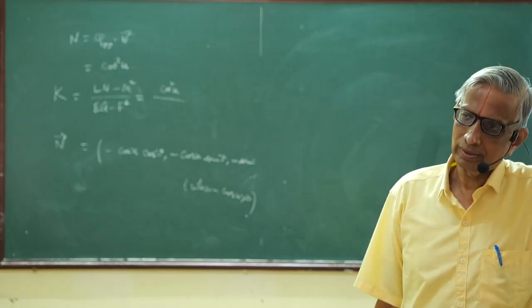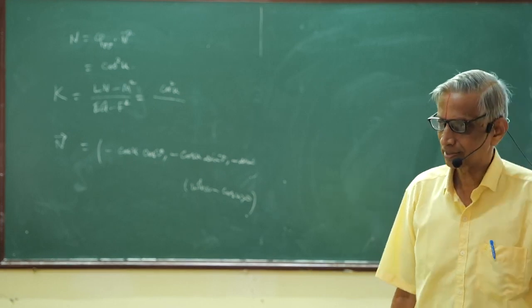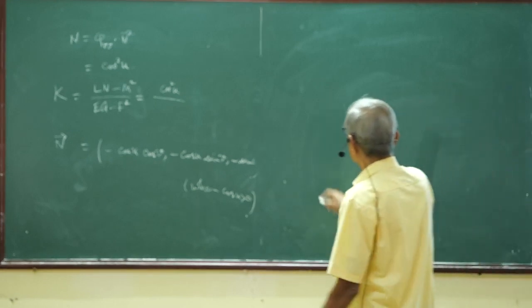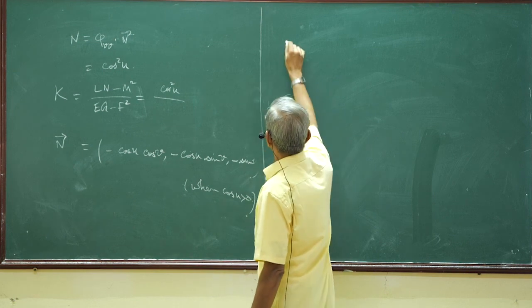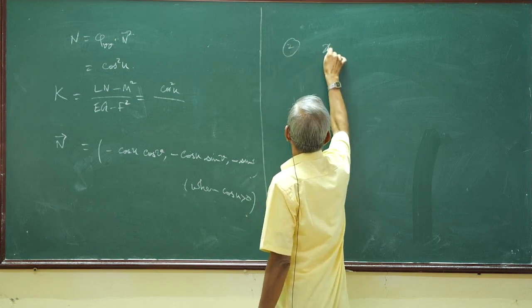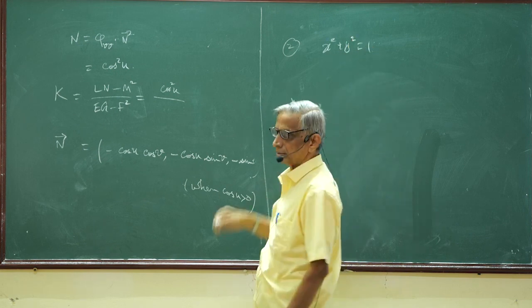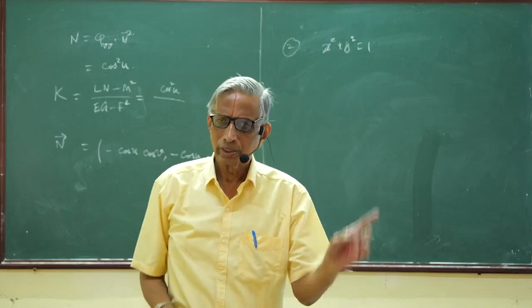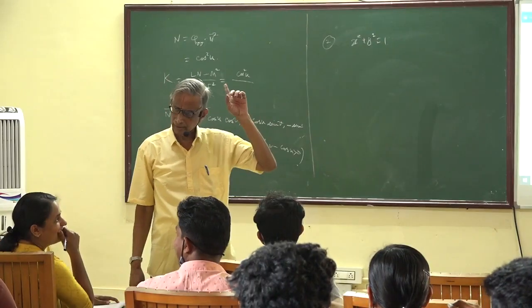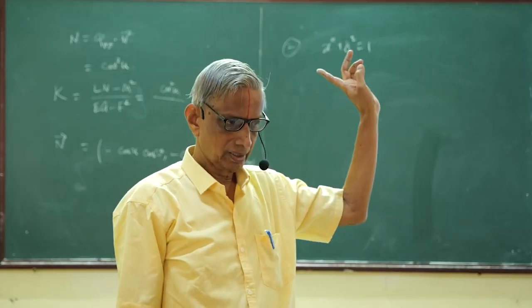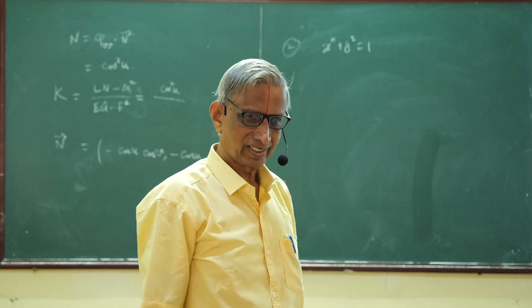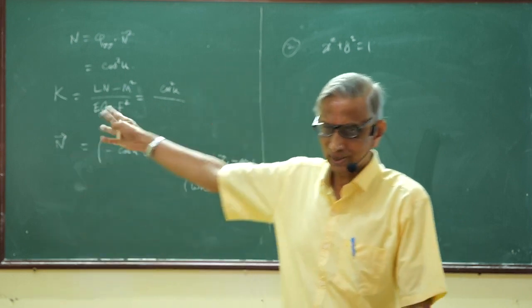Look at the cylinder. Cylinder is something important. So what is the cylinder? x square plus y square equal to 1. Did we calculate in that case using the other approach? I think we forgot about it. But now let's calculate using this.